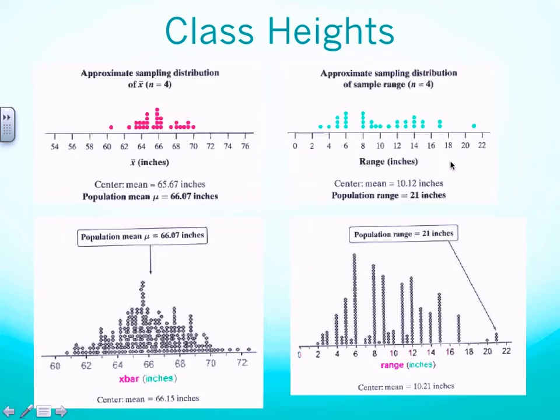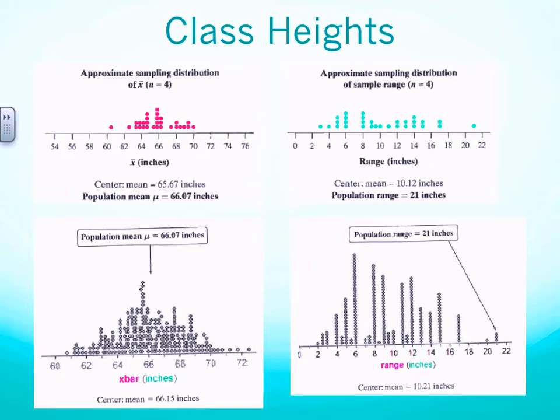If you take a look what happens with the range, it's a very different story. So now you're talking about taking a range of 4 students in the sample, okay? But a range is found from taking your maximum, subtracting your minimum. There's only one true range, so you're never going to get that.